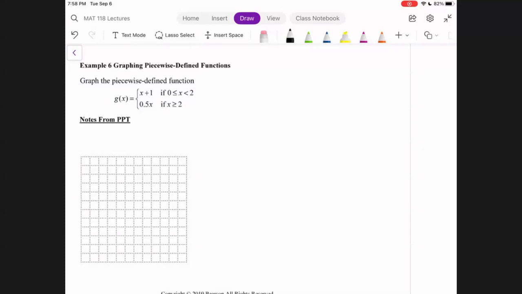If you're going to write this in Desmos, you could type in the following. Oops, don't want to have that.